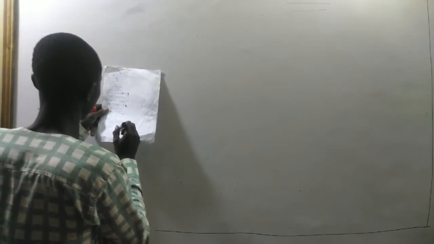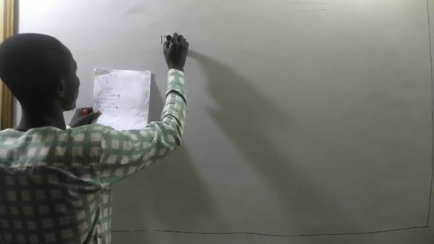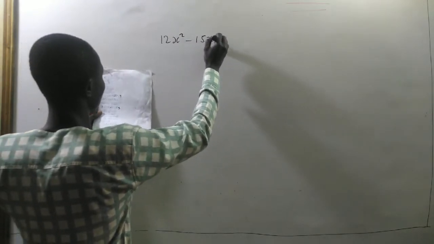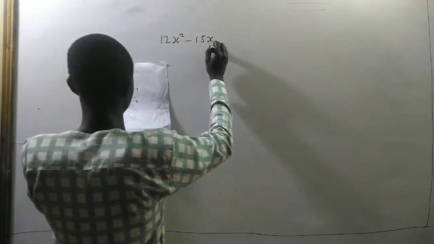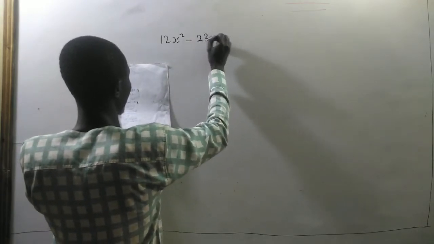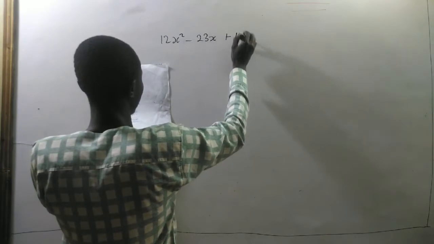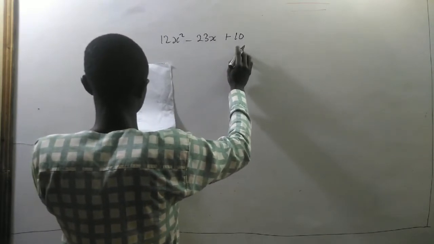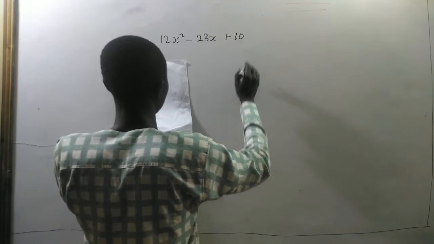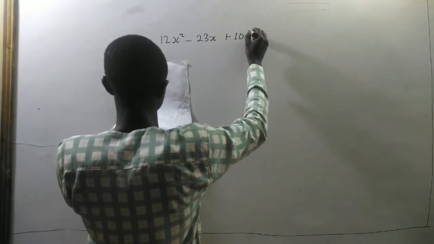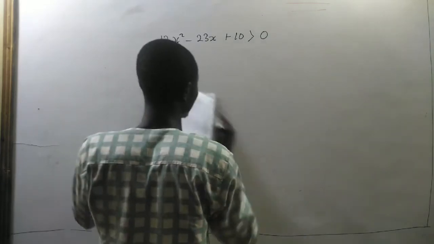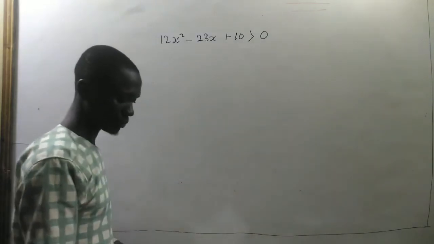What I have here is 12x squared minus 23x plus 10 is greater than 0.